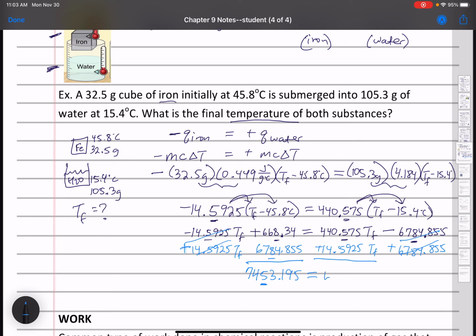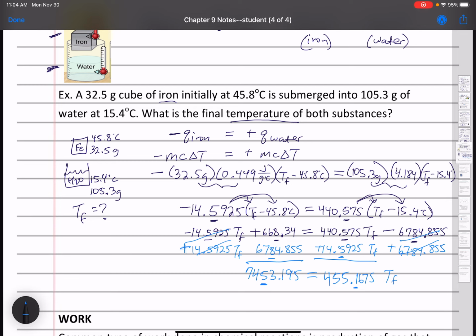Yes, I did. Looks like I did some subtraction in my notes, but I need to add. So 440.575 plus 14.5925 is 455.1675 TF. And that is significant to the tenths place.